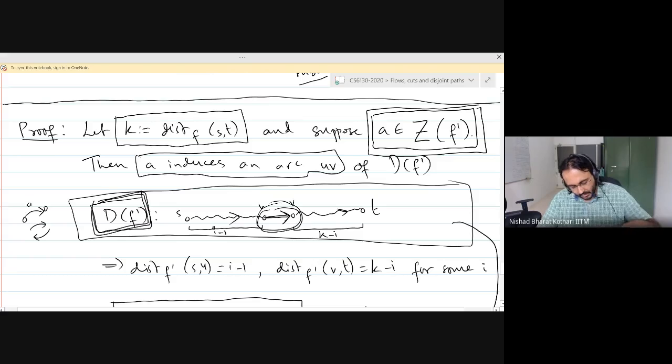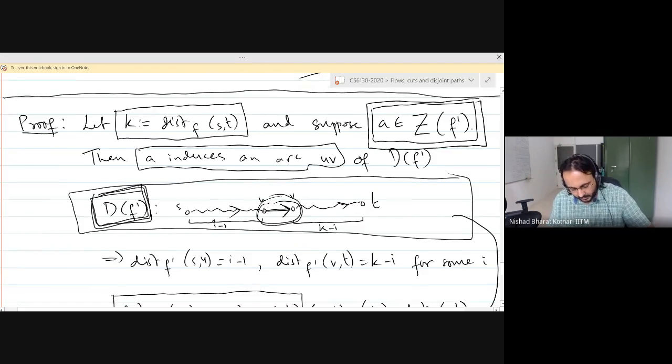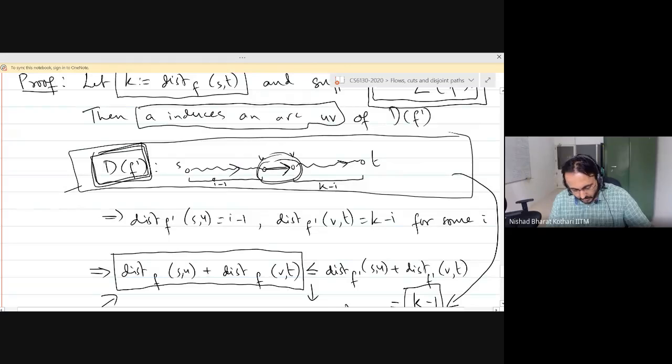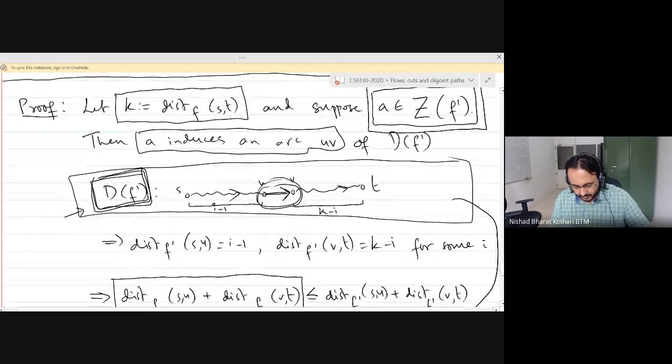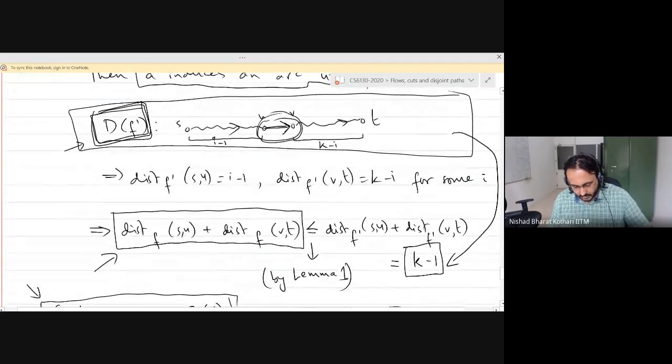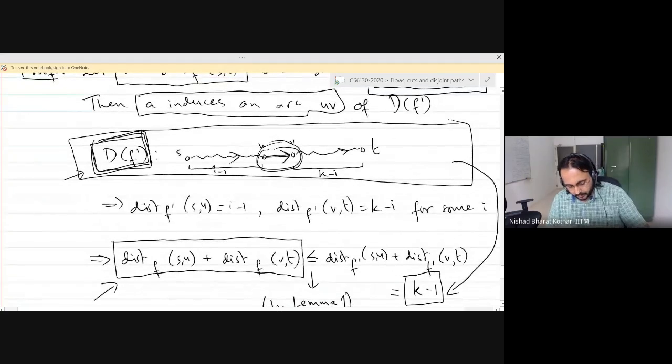Okay. Good. And we are looking at this drawing here, right? We know that this is in the Z set. So what we can do is take a shortest path in this set from S to T. And if you do that, then the distance from S to U will be I minus 1, and the distance from V to T will be K minus I for some I, right?